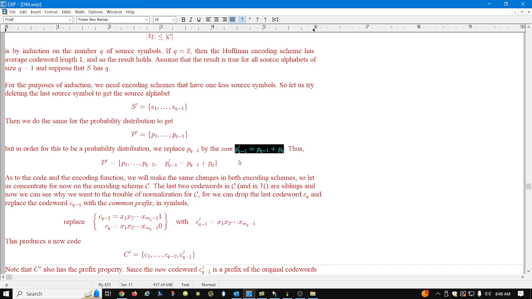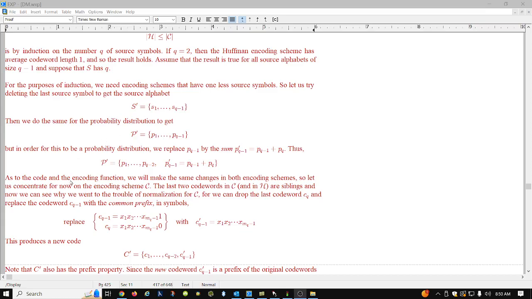So we're going to replace p sub Q minus 1 by p sub Q minus 1 prime, which is the sum of the original p(Q minus 1) and p(Q). So we still have a probability distribution. So we have a new information source, S prime, P prime, and S prime has size Q minus 1.